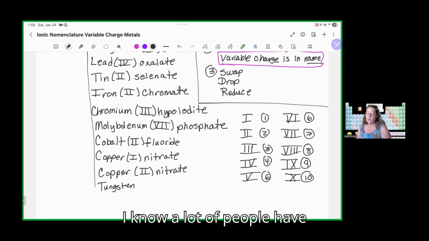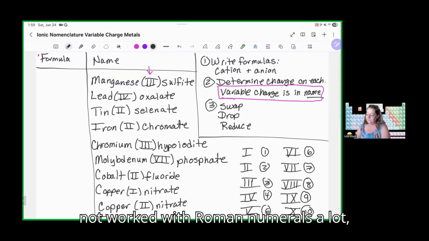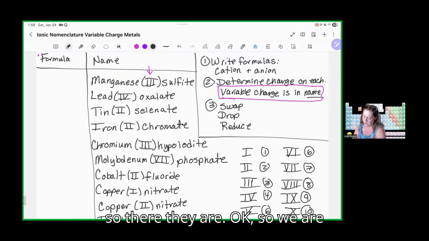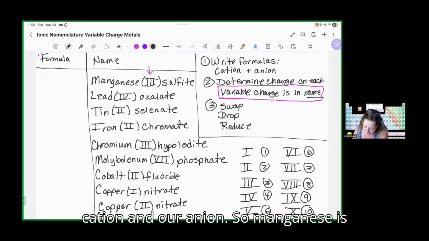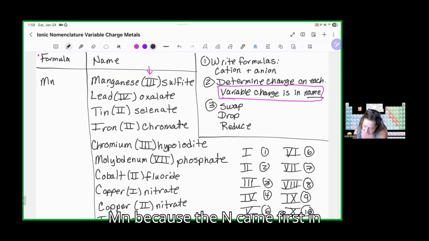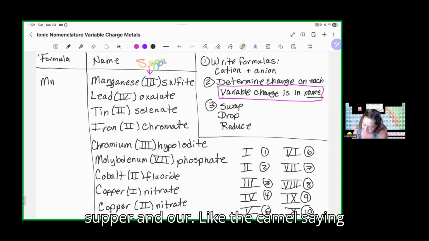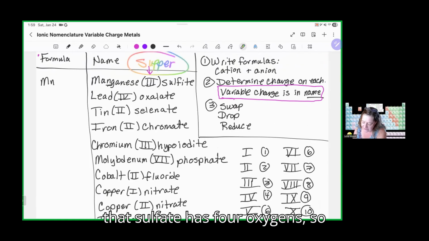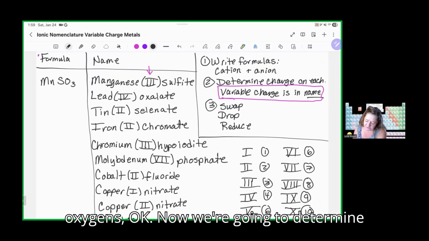I know a lot of people have not worked with Roman numerals a lot, so there they are. Now we are going to write the formula for our cation and our anion. Manganese is Mn because the N came first in the name. And sulfite, we know from our Nick the Camel saying that sulfate has 4 oxygens, so sulfite has 1 less, 3 oxygens.